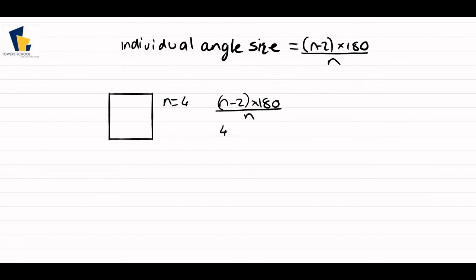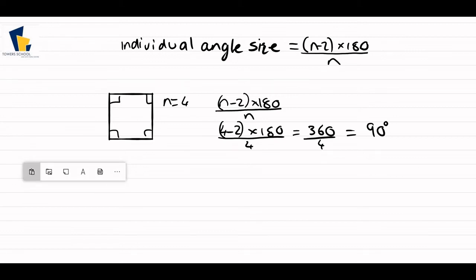In this case, 4 minus 2 times 180 divided by 4. So we have 2 times 180, which is 360, divided by 4 will give us 90 degrees. Each angle inside the square is going to be 90 degrees.